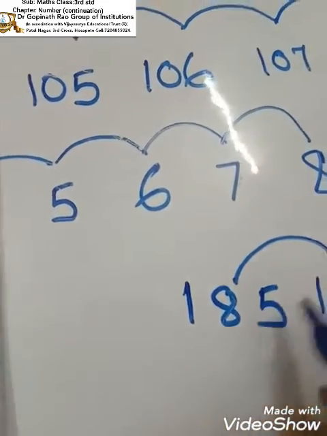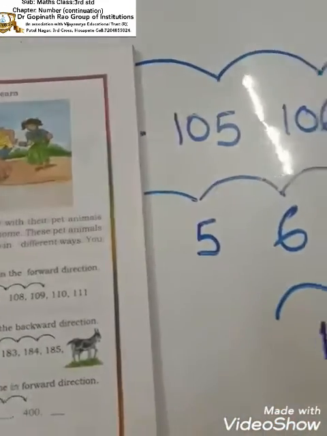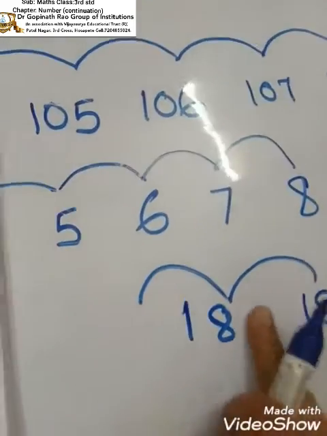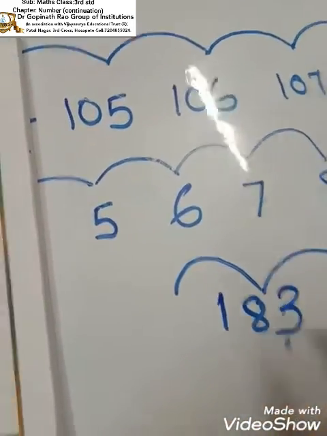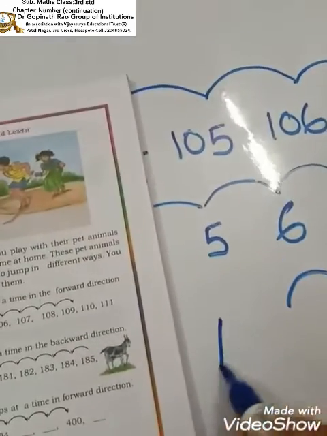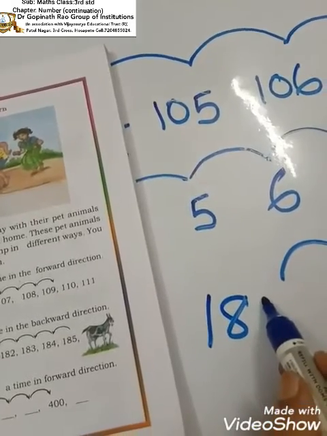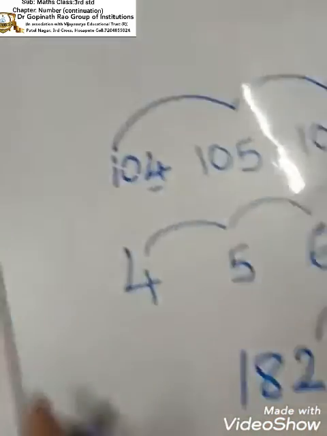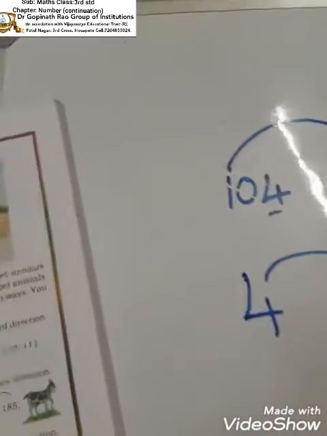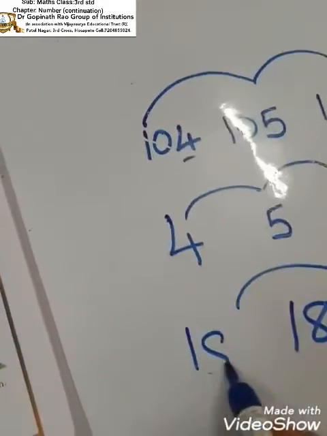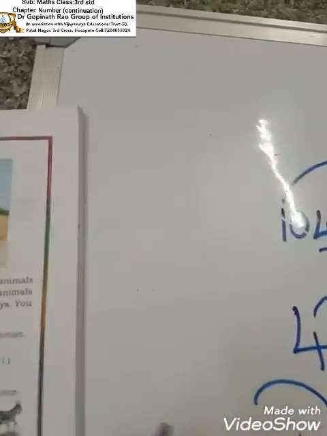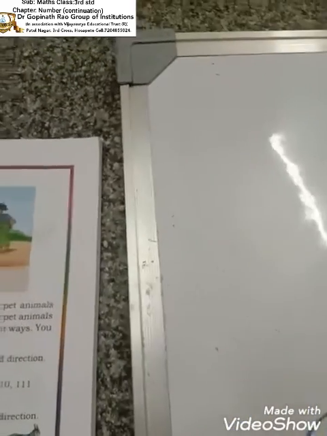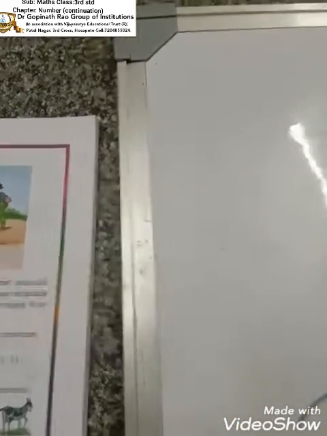Next back number is 183. Next 182. Next 181. Next 180. Before 180 it is 179.